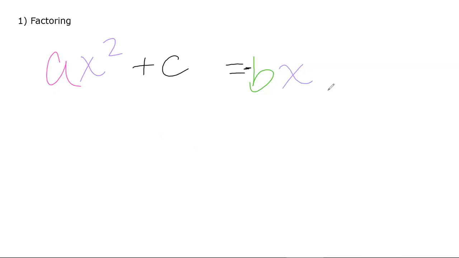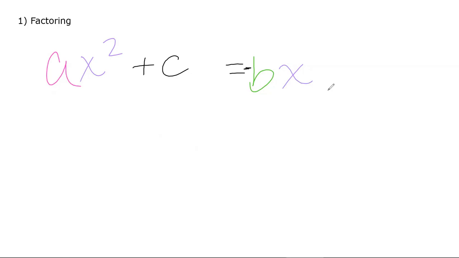Then we would want to change it around so that we transform this equation back to our original ax squared plus bx plus c form, which equals 0, which is the standard form.